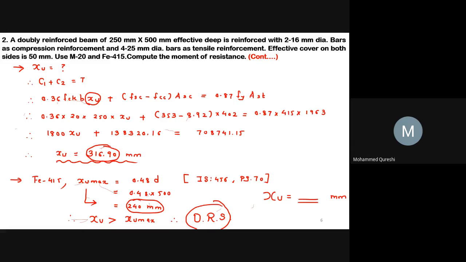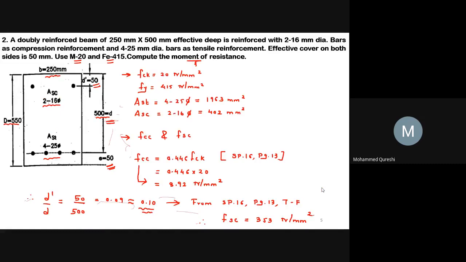Hence, we have to consider the smaller of both values. So here we assume the value of XU as the minimum value, 240 mm, in case of only over reinforced section. In this way, you may easily analyze the sections related to the WRC beam.